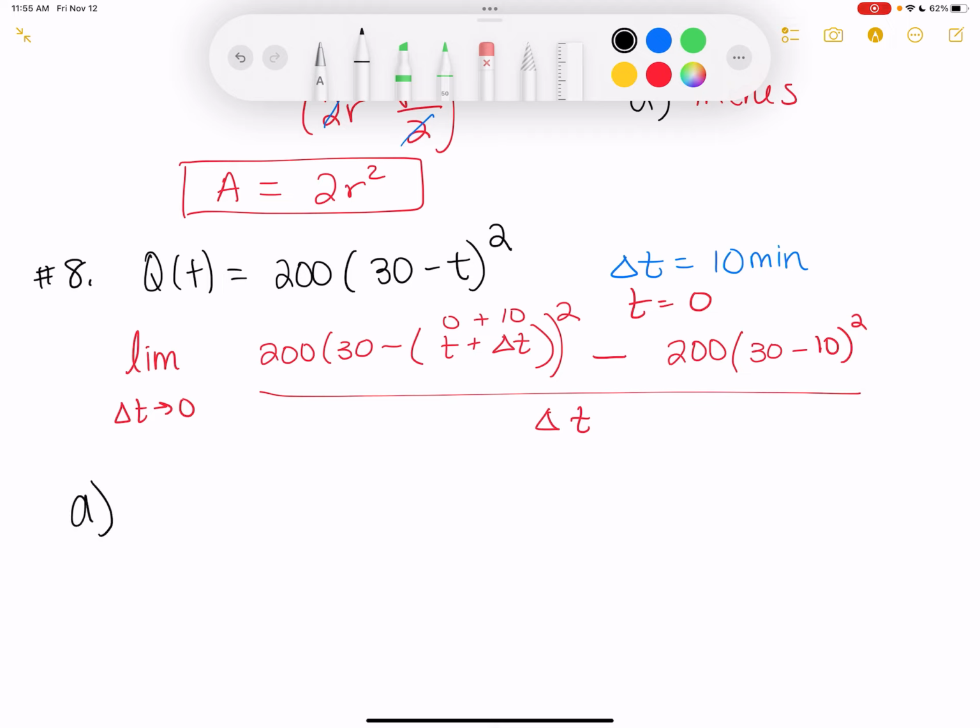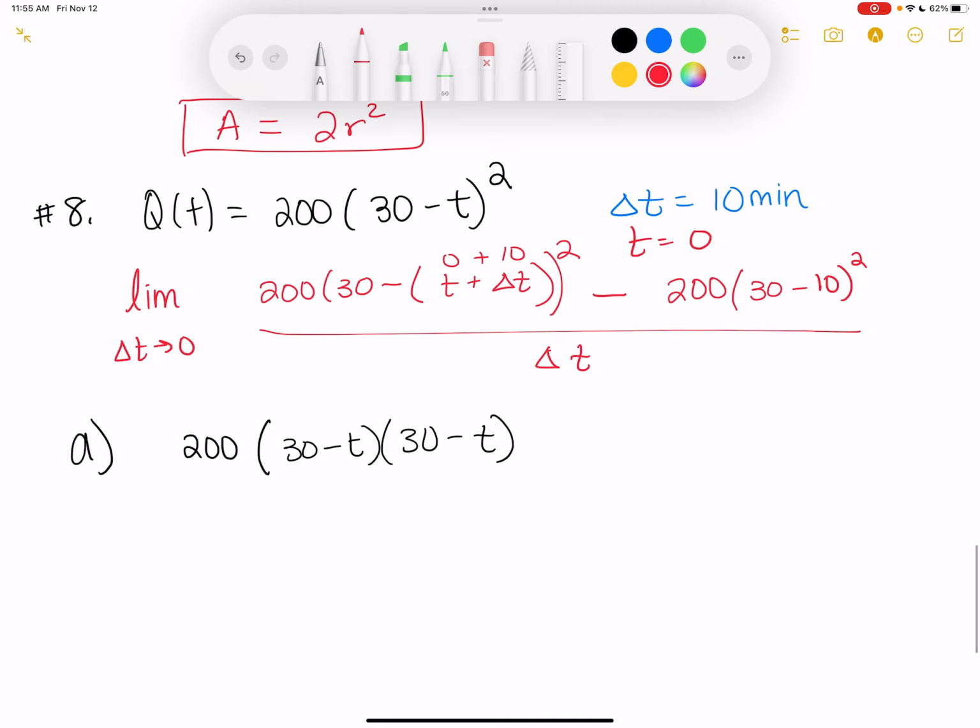All right, so we have 200 times 30 minus t times 30 minus t is essentially what we have going on here. So then this factors into 200 times 900 minus 60t plus t squared.